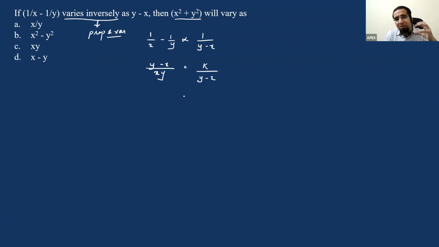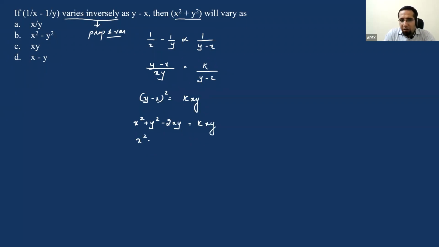Now, when I bring a constant and an equal to sign, I see that y minus x whole square can be done. So if I cross multiply, I get y minus x whole square is equal to kxy, where k is a constant. Now, since I have y minus x whole square, I can see x square plus y square coming up from here. So x square plus y square minus 2xy is equal to kxy.